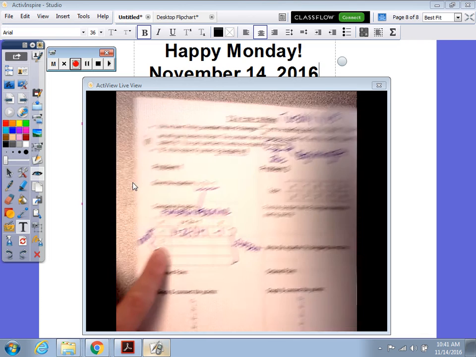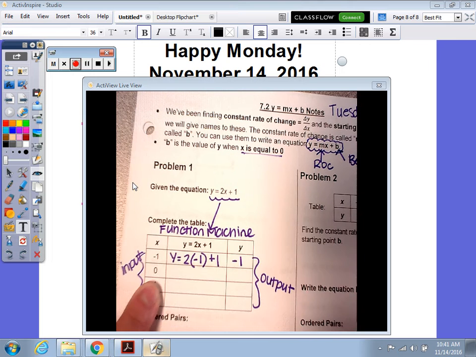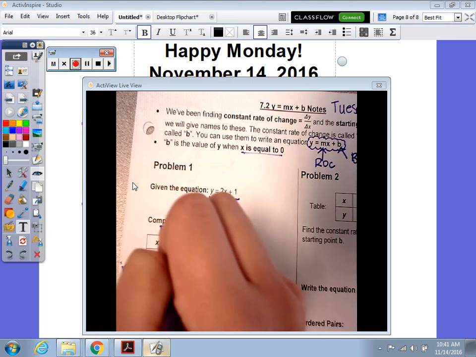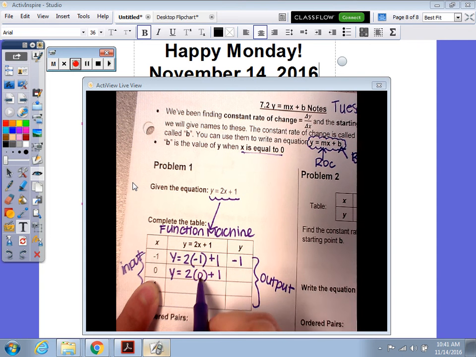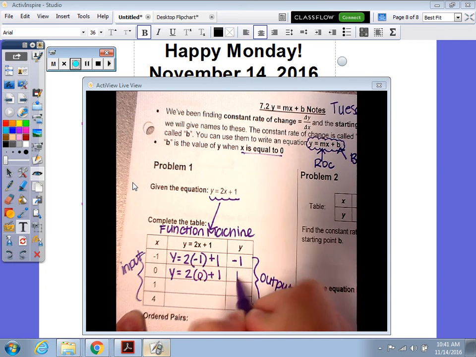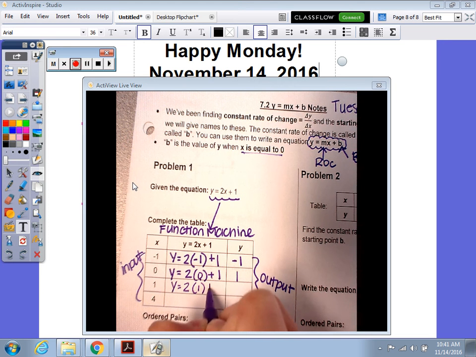So when I have a 0, I'm going to plug in 0 for x, using parentheses. 2 times 0 is 0, plus 1 is 1. And then I'm just going to finish out this table.